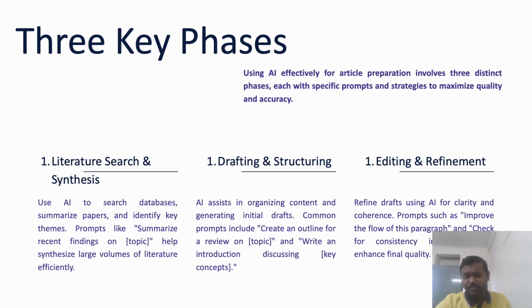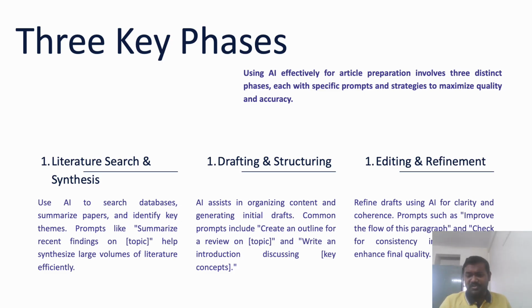One of the biggest misconceptions about AI is that people think it is only useful for writing text. In reality, AI can support researchers throughout the publication process. I have tried to divide this modern research workflow into three major stages. The first stage is literature search and synthesis.